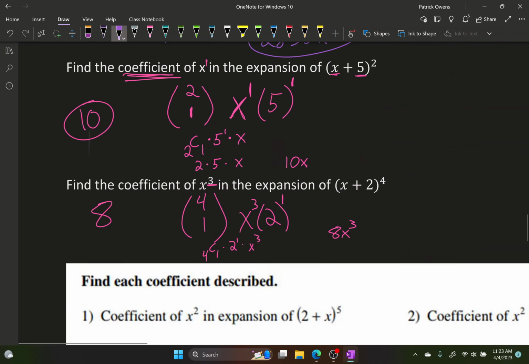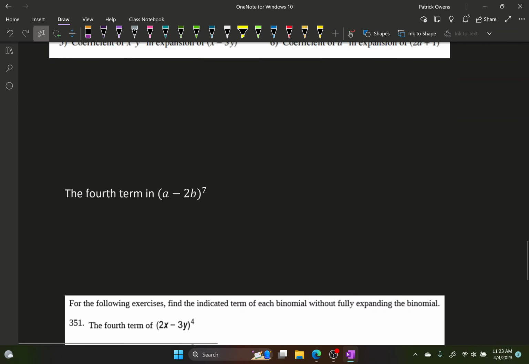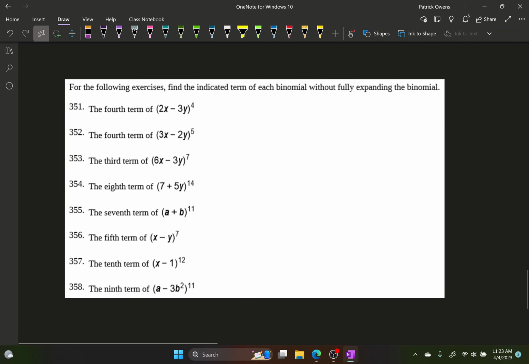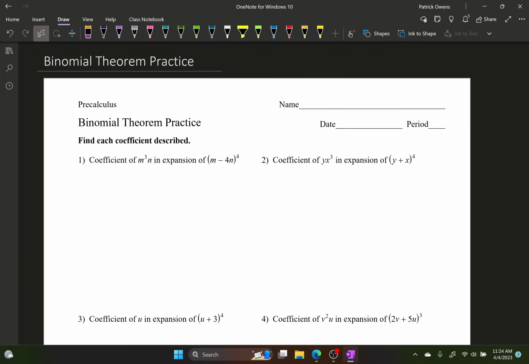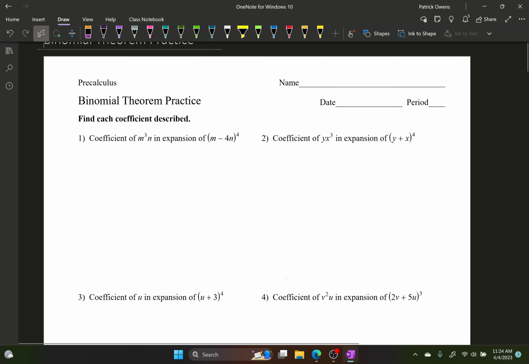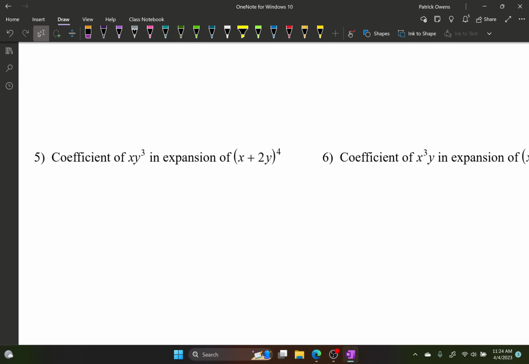You have some practice that you can do here, and this is on page 19, where you are finding the coefficient in these terms or finding the terms here. If you have something where there is a constant with the variable, let's look at one of those here. I like this one because it uses x and y. So if we're looking at the coefficient of x, y cubed, you do the same thing you would with any of the other ones.